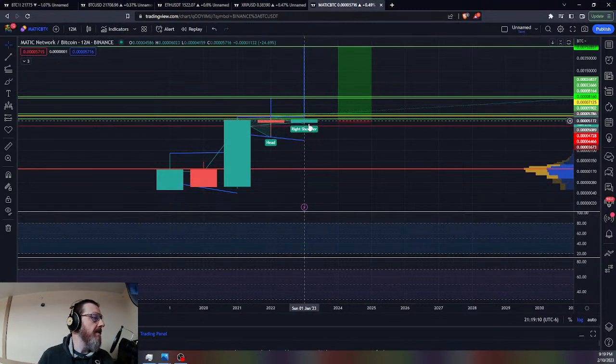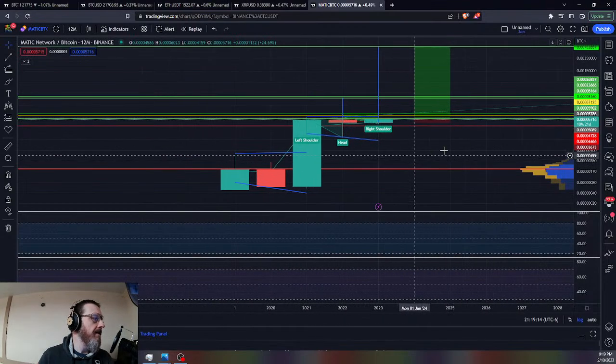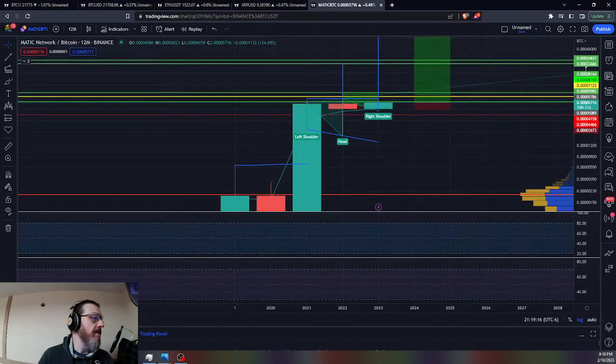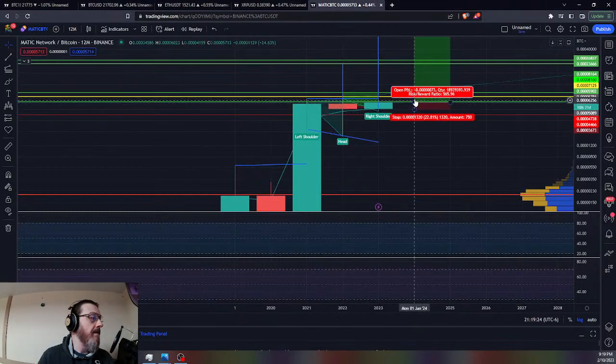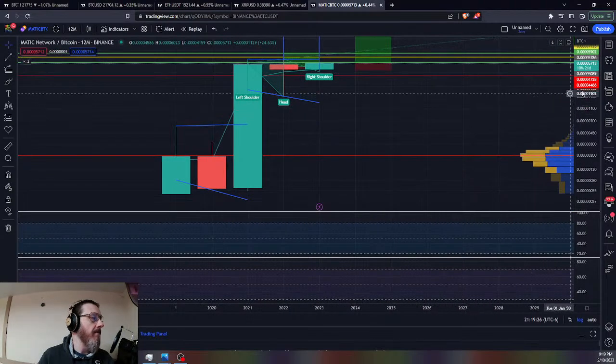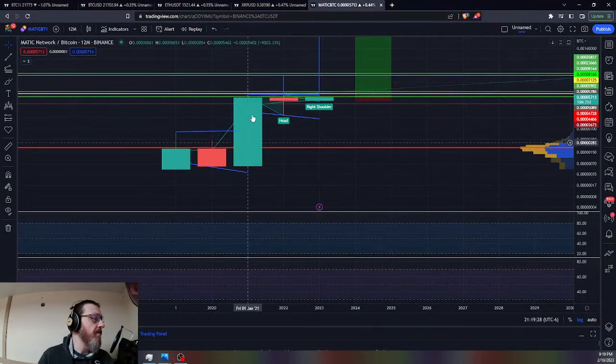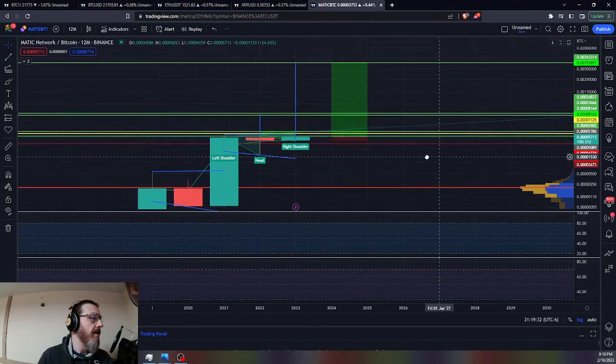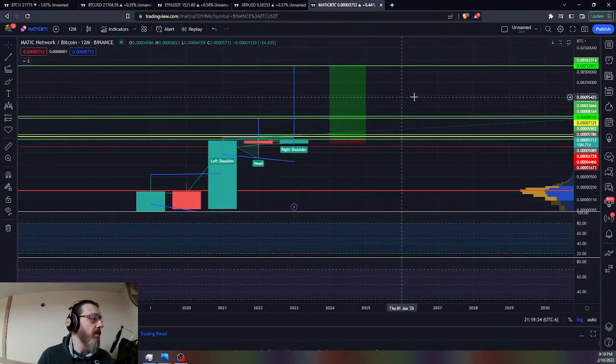So when I see this where we've formed a bullish engulfing already on the yearly, that's just fantastic, because it just tells us that all of last year was consolidation for Matic, and there's a huge upside, which is potentially very similar to printing another candle like this as we move into the end of 2023, which is what that measured move showed us.